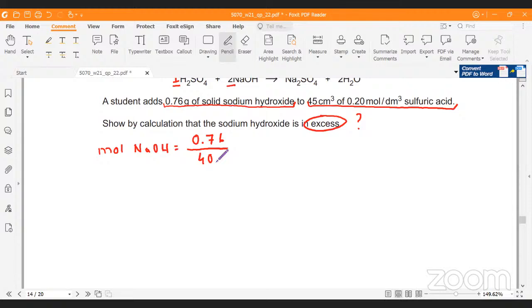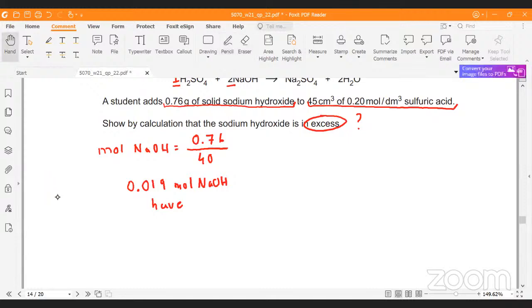So you get 40 as your mass, and this in turn gives me the number of moles of sodium hydroxide that you actually have, that are actually present sitting in your system at this particular point in time, right?